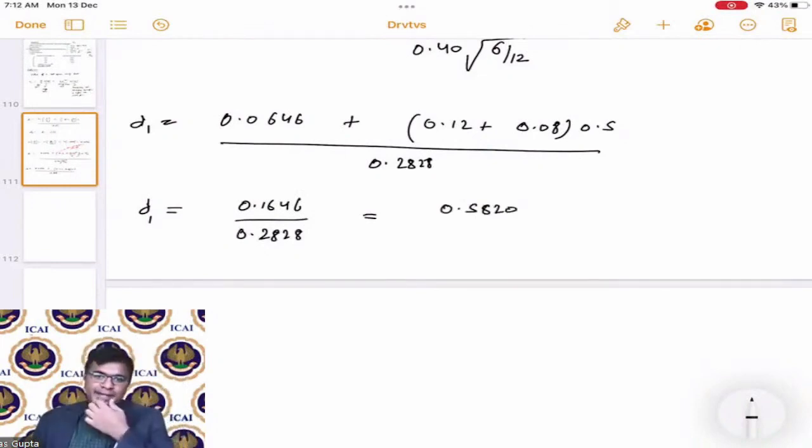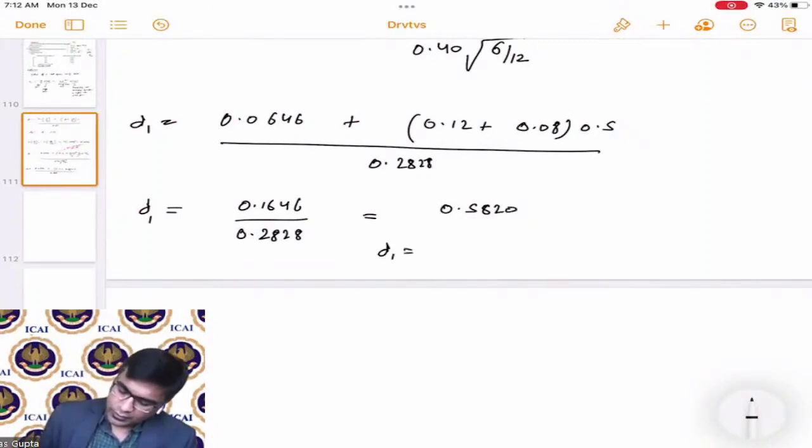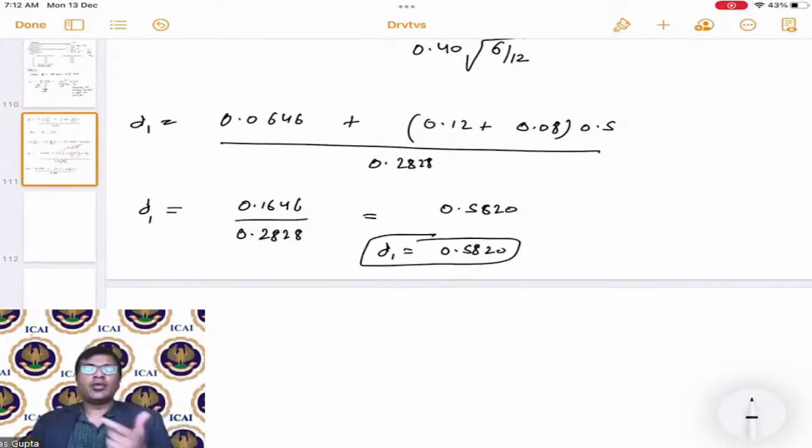Okay, students, so D1 is 0.5820. Now let's park this value for a moment, because this D1 we will use from the normal distribution to calculate N(D1), because N(D1) is the normal distribution table value, taking D1 as this.